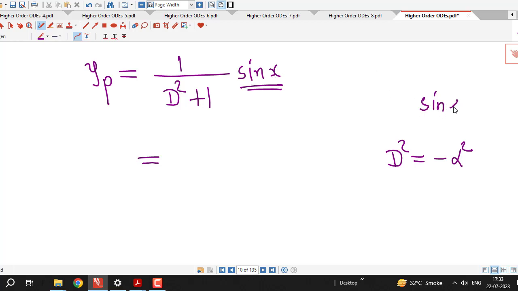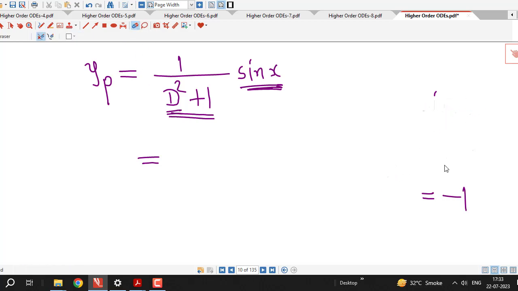If we compare with sin alpha x and this function, then alpha is 1. Now if I take alpha equal to 1, I have to replace D squared by minus 1 here, but that will make this function 0. If I put D squared equal to minus 1, I will get 0 here. So what are we doing in that case? In that case we differentiate this function with respect to D and we multiply by x.